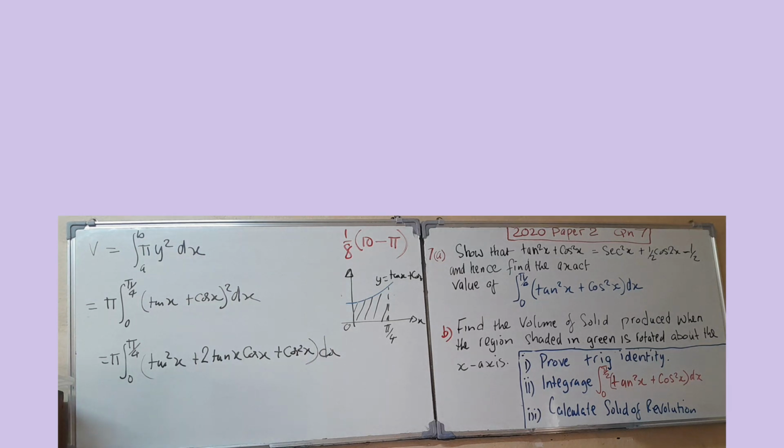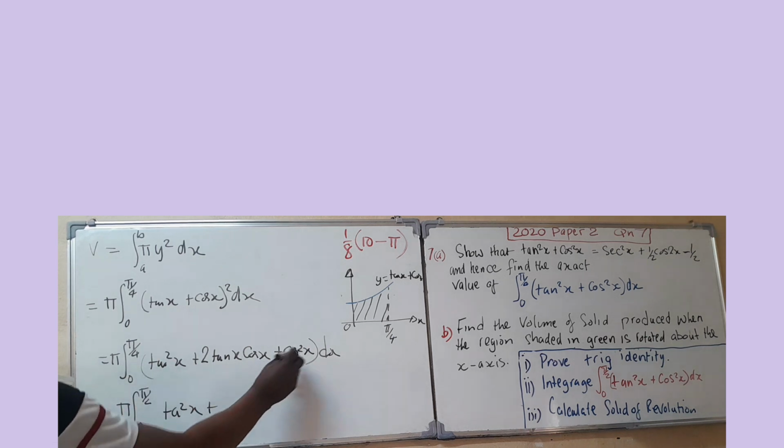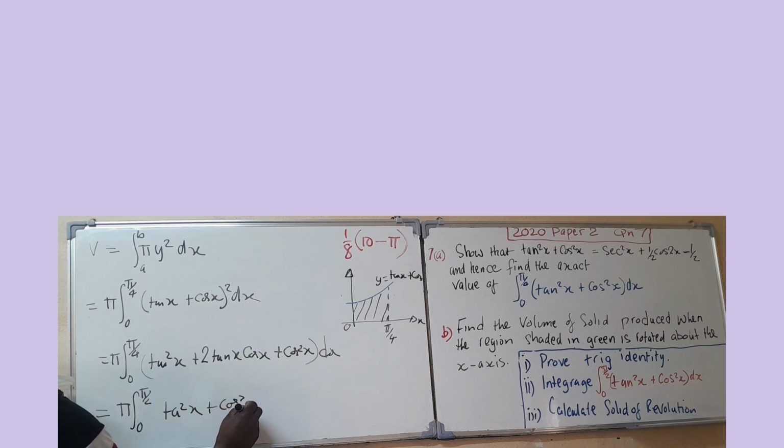Do you agree with that? When you expand this, remove the bracket, you get tan squared, 2 tan of x cos x, plus that. Right, let's simplify. This again is equal to pi integral from 0 up to pi over 4 of tan squared x, which is this one, plus my cos squared x, which is that one. And this one can be simplified, let's just perform a little calculation there to save time.